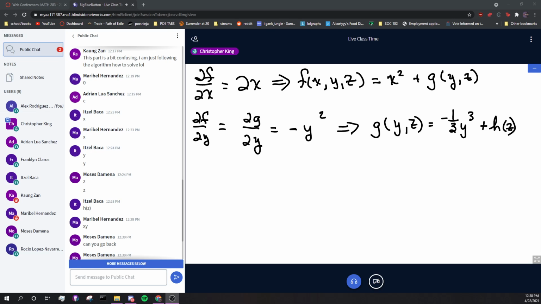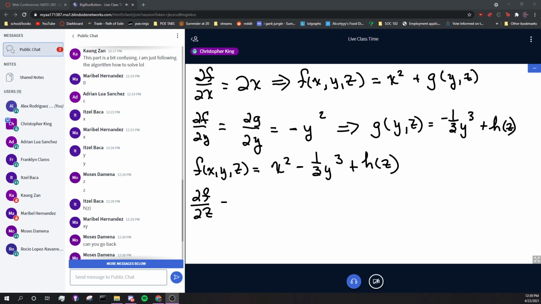So what we have is that our function f of x, y, z is going to be defined as x squared minus 1/3 y cubed plus h of z. So now I'm going to take the partial of f with respect to z.